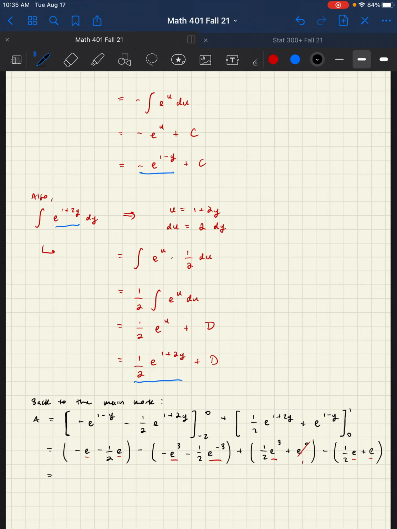And I'm going to order them from highest power of e to least power of e. So really it's a polynomial in e. So 3/2 e cubed minus 3e plus 1 plus 1/2 e to the negative 3. And that's our answer.